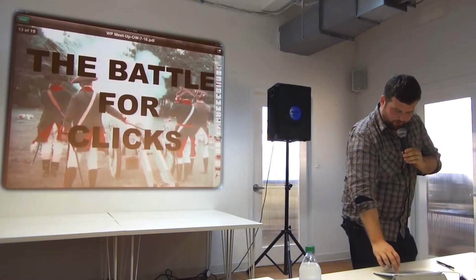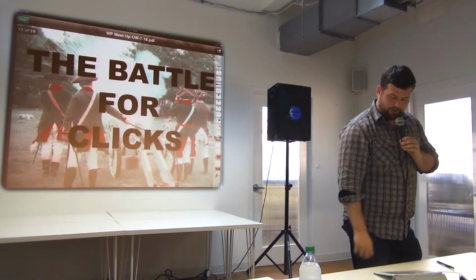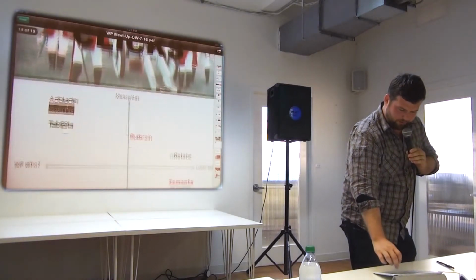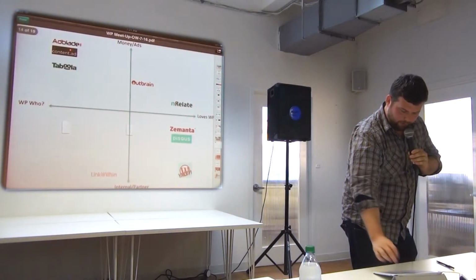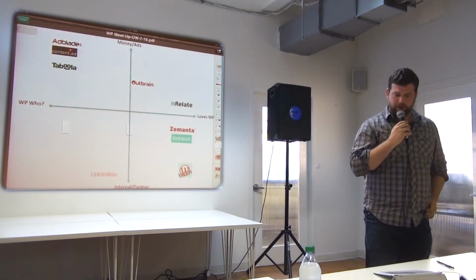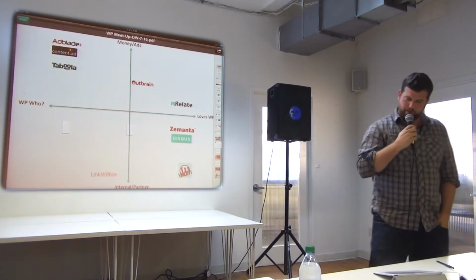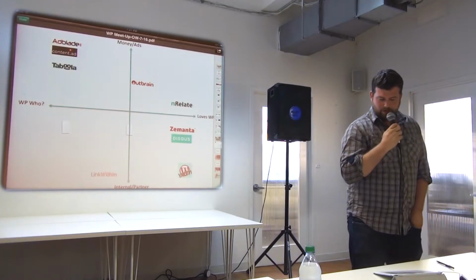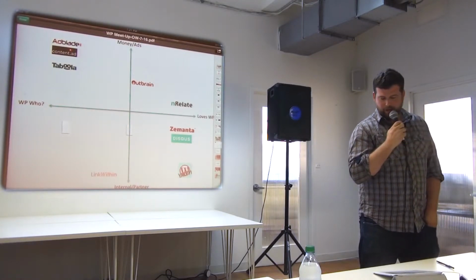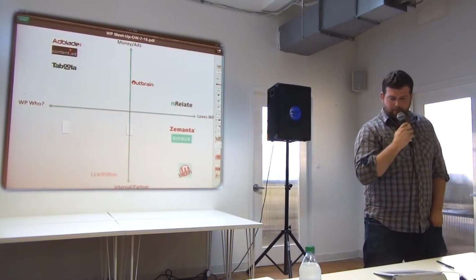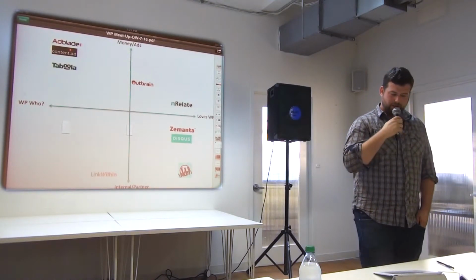I was going to talk a little bit about some of the companies in the space and where they fall on a spectrum. I don't know if any of these companies are familiar to you guys or not, but on the top I put money in ads, and then the bottom would be focus on internal linking, and then on the right would be companies that focus on WordPress, and then companies who don't.